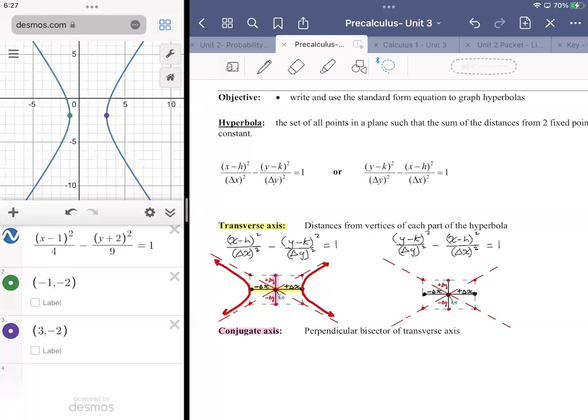It's just that you're going to draw your curve going upward from the highest vertex and downward from the lower vertex. So it's a vertically oriented hyperbola. In this context, the line segment that connects the two relevant vertices would be the vertical one. That would be my transverse axis. The one that's perpendicular to that would be my conjugate axis.